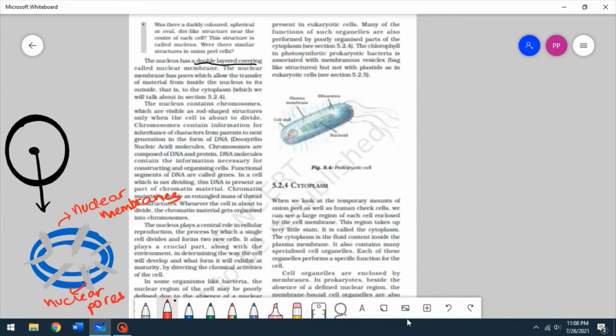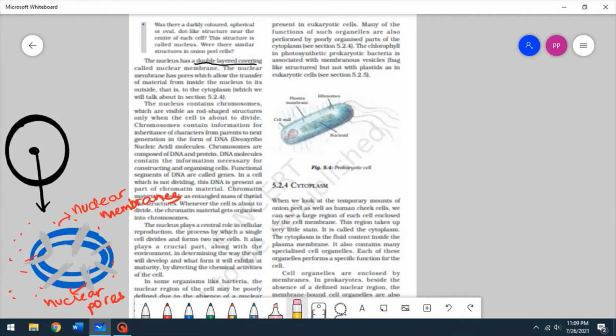And through these nuclear pores, if this is the cytoplasm that's outside, cytoplasm again is the semi-fluid substance that has all the cell organelles present in it. Okay, so the movement of materials from the cytoplasm to the inside of the nucleus occurs through these nuclear pores.